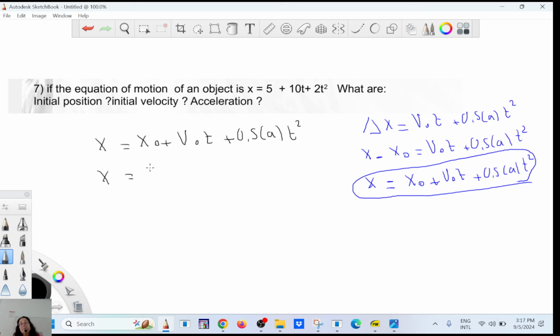And now we have 5 plus 10t, oh no, here is a 2, right?